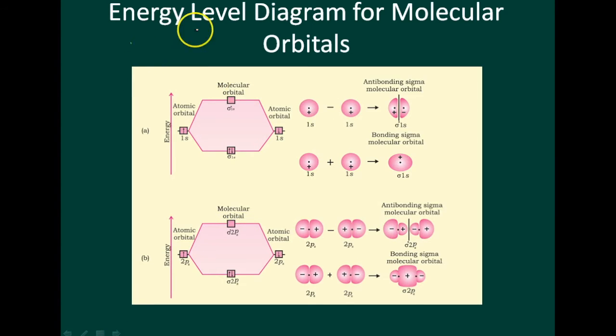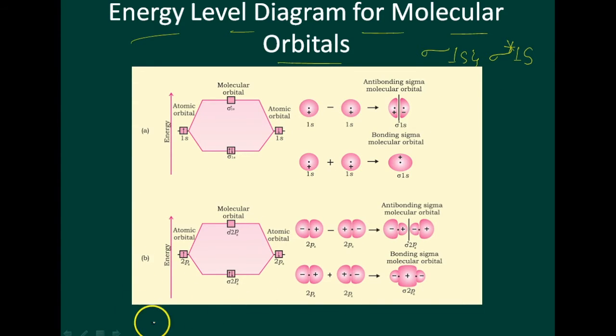Next, the energy level diagram for molecular orbitals. What happens in the energy level diagram? We have seen that 1s atomic orbitals on two atoms form two molecular orbitals designated as sigma 1s and sigma star 1s. In the same manner, 2s and 2p atomic orbitals give rise to eight molecular orbitals, which are antibonding and bonding orbitals.